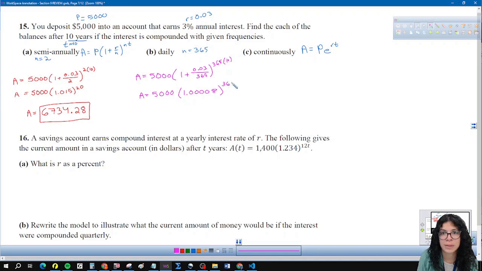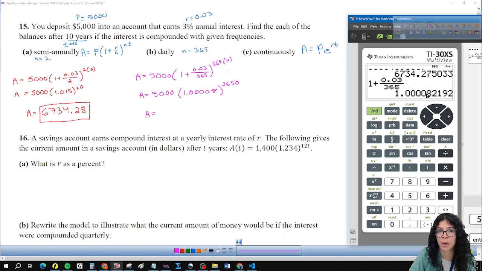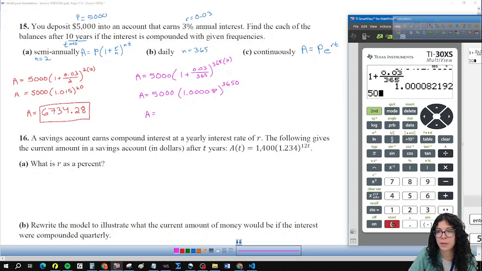And then 365 times 10 would be 3,650. To get the most accurate read of the number, I'm actually going to use the ANS feature on my calculator. So it'll be 5,000 times what I got as an answer, 1.00829192. I could have also typed it out. And then to the power of 3650.